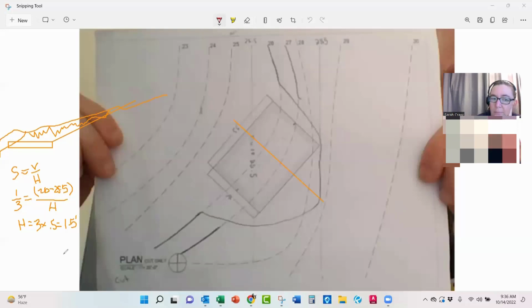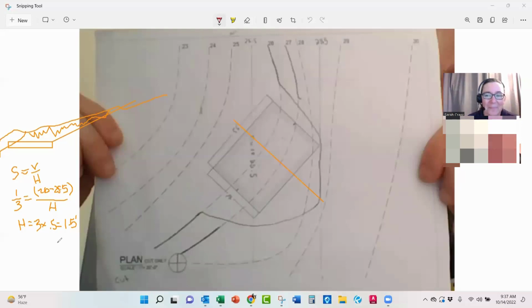It's the 26 minus the 25.5, the vertical distance between these two areas. So it should be 1.5, right? Thanks for making me check my math. This is good.